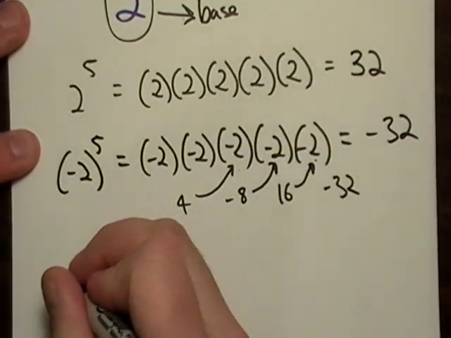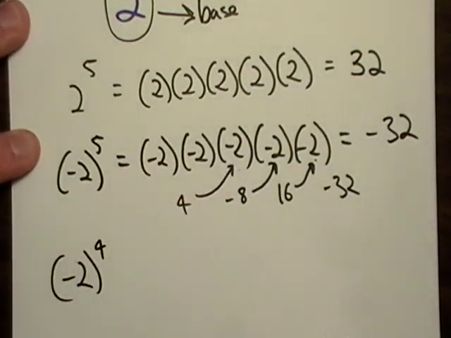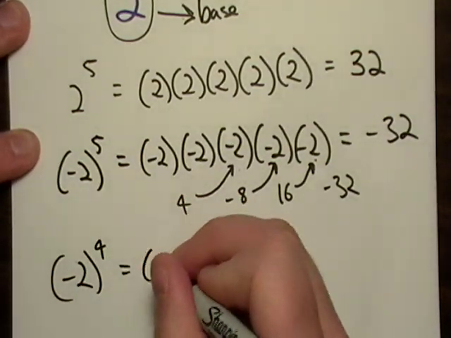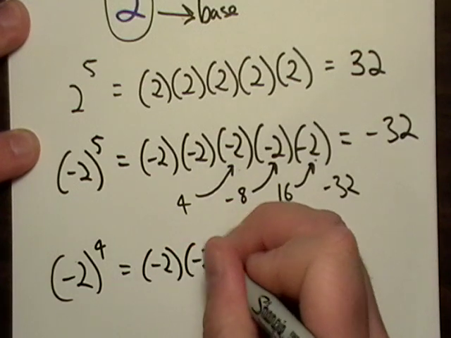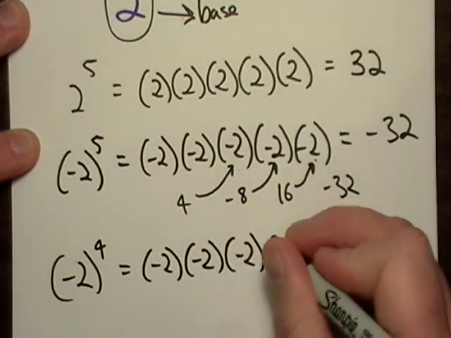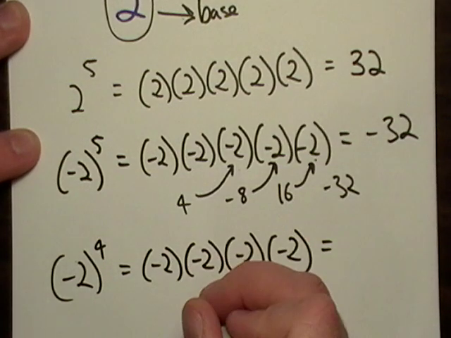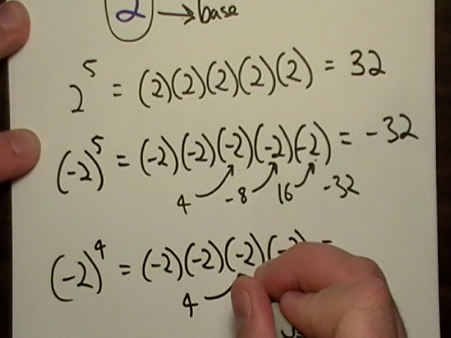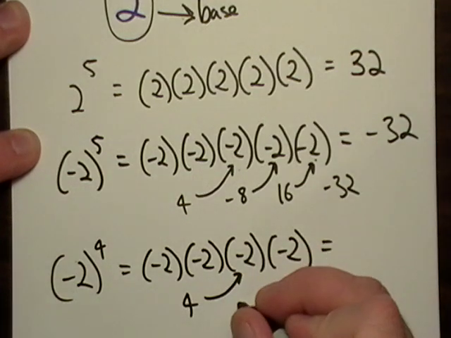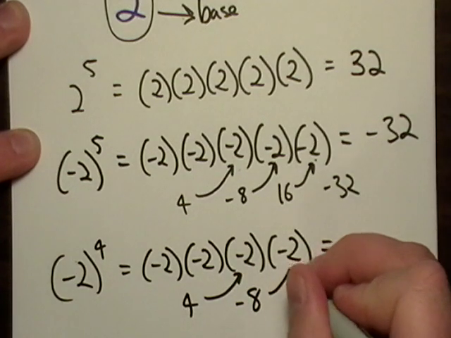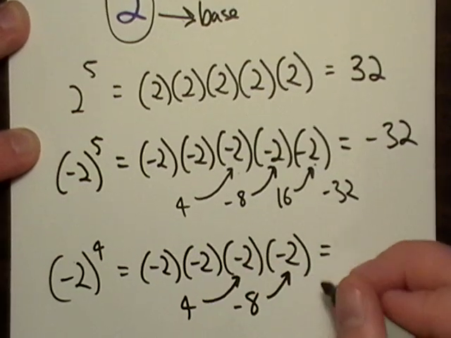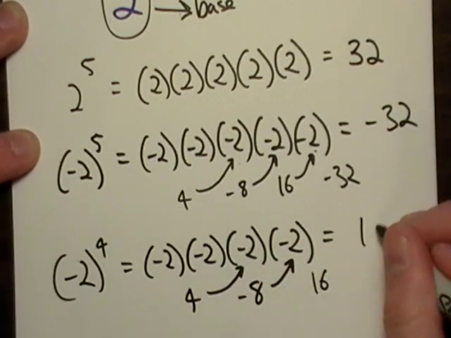Okay? Now, if I take this and I raise it to the 4th power, watch what happens. I go negative 2, negative 2, negative 2, negative 2. Negative 2 times negative 2 is positive 4, times negative 2 is negative 8, times negative 2 is positive 16.